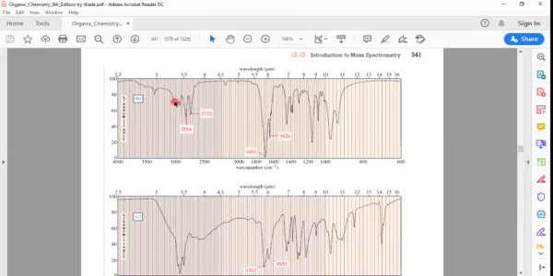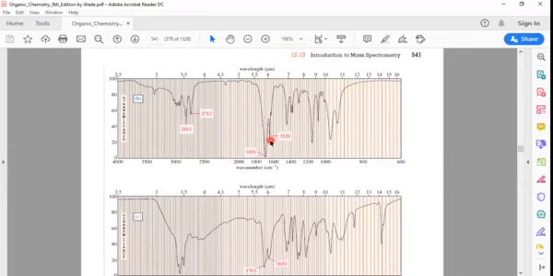Here the 3000 peaks are here, and if you see, you also have some absorption on this side as well. And this peak is very prominent and very indicative. That is showing a carbon-carbon double bond stretching of an alkene.